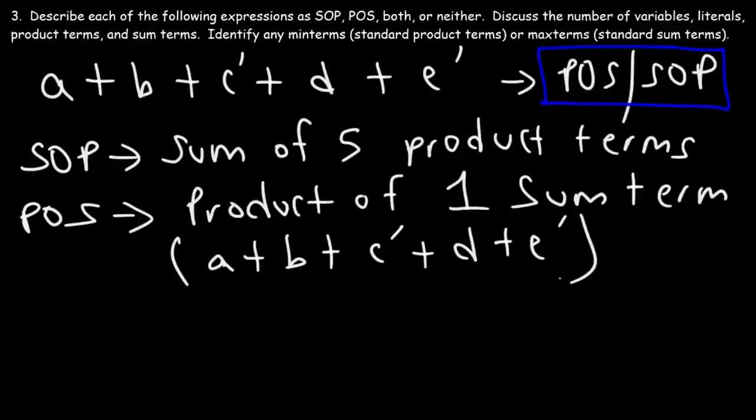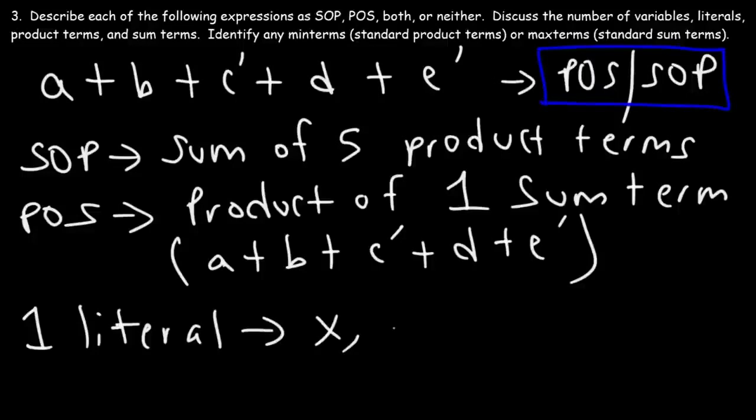Now, it's important to understand that if you have just one literal, let's say it's either x or y prime, one literal can be considered a product term or a sum term. So just keep that in mind.